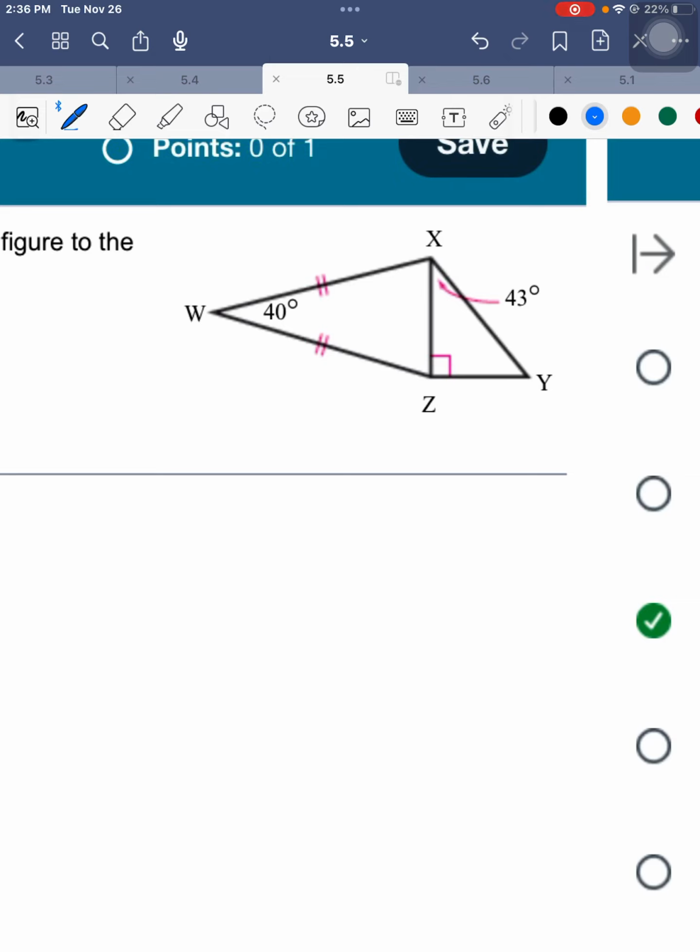So let's find angle Y. So this is 47. So that's 47, and the other ones would be 70 and 70. How do I know it's already 70?